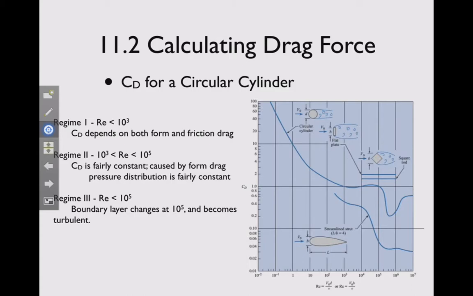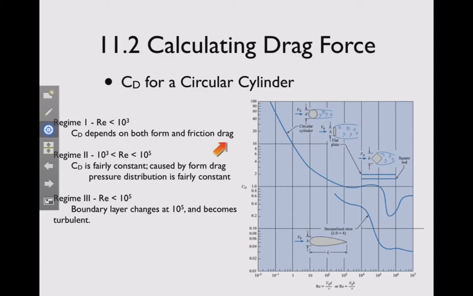So it turns out that we saw before these three regimes for this circular cylinder. This section focuses in on that, and we see that for Reynolds numbers of less than about 1,000, the drag coefficient is going to depend on both form and friction drag.